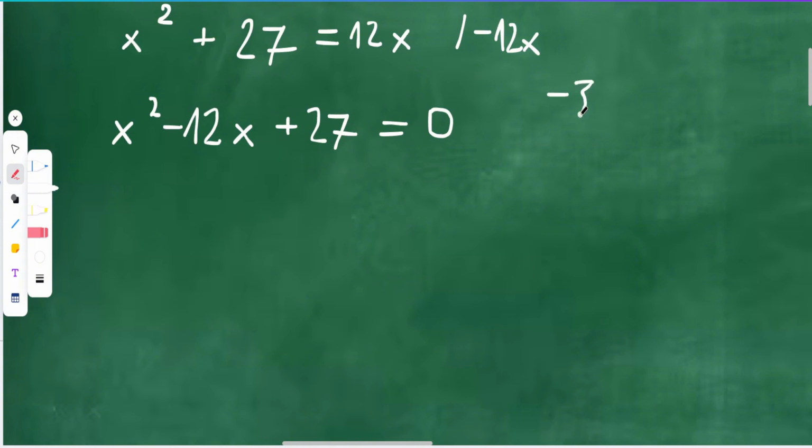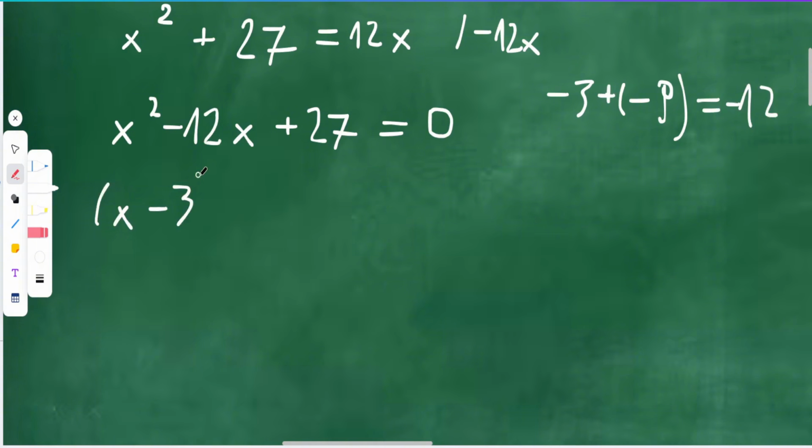I assume that it will be minus 3 multiplied by minus 9. If we add these numbers, we will get minus 12, and it is right. So let's write it this way.